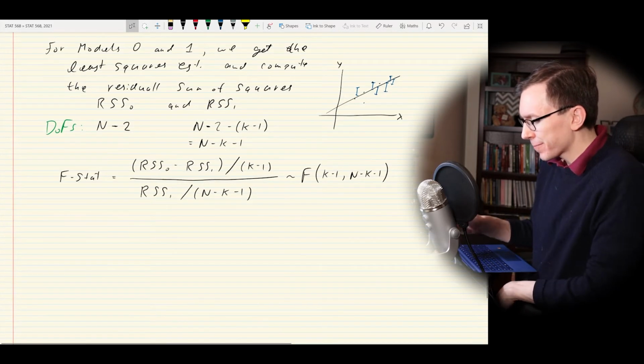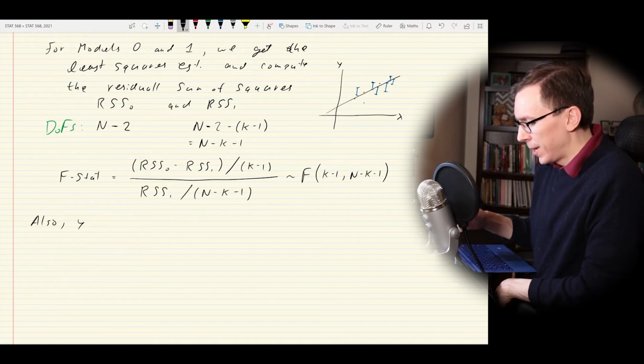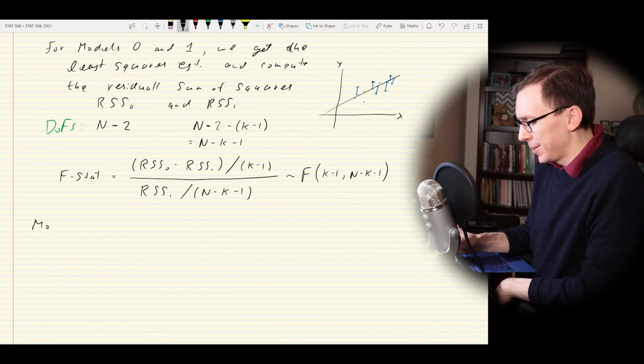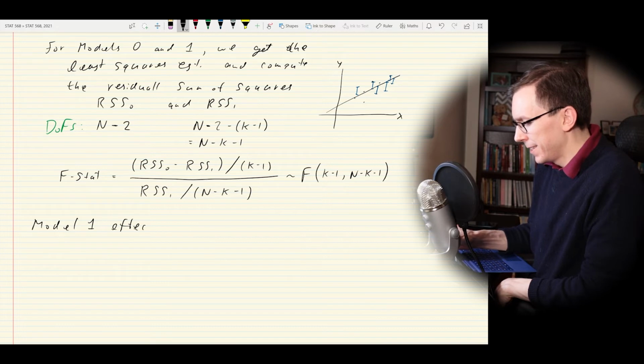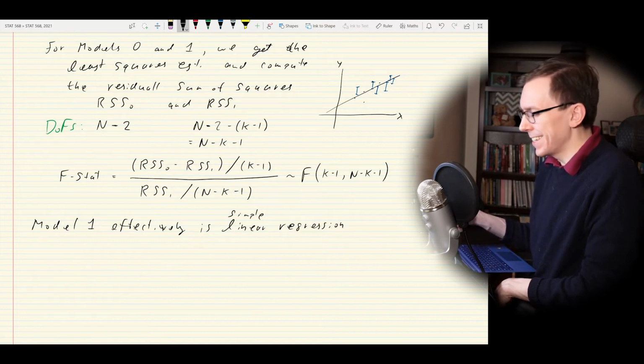So one other model, just for fun. Model 1 effectively is simple linear regression, simple in the sense that it's univariate, not that it's easy.